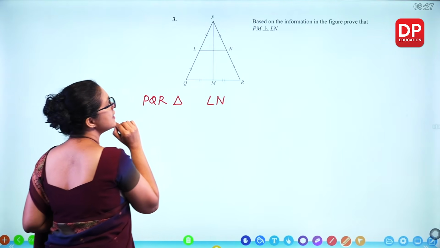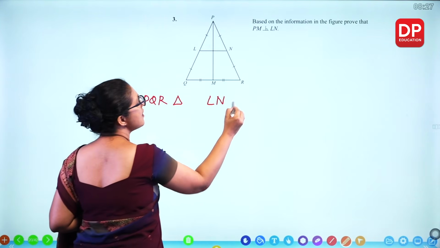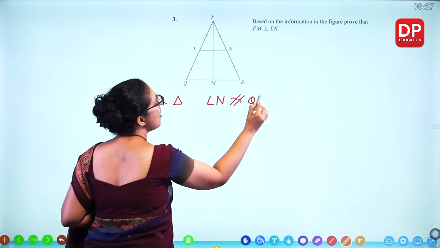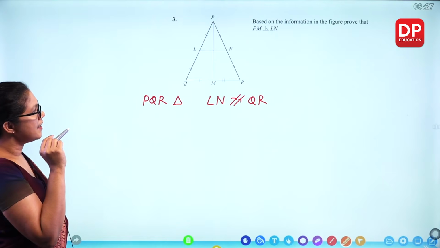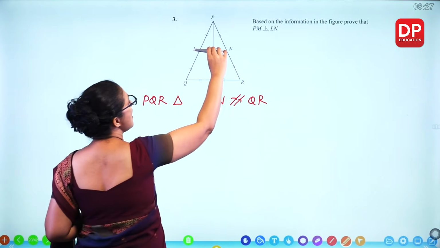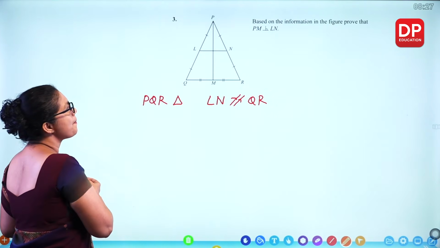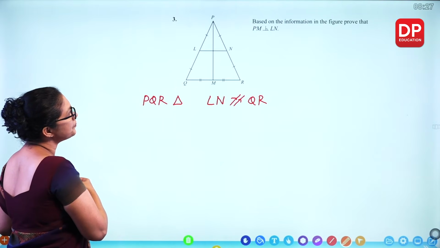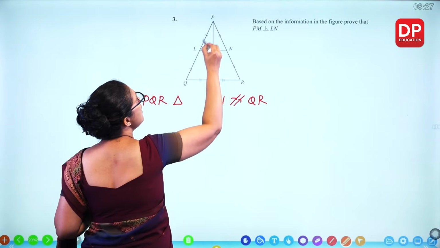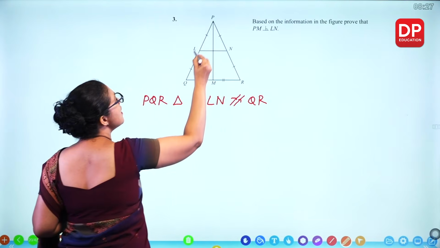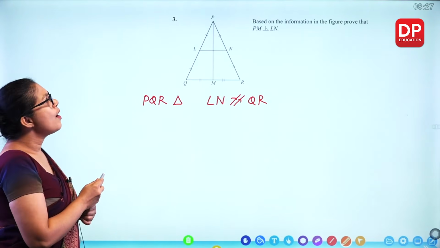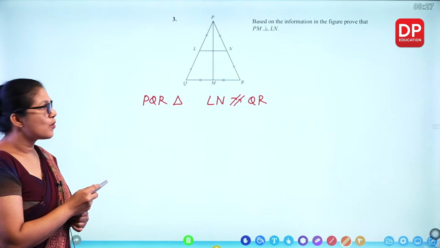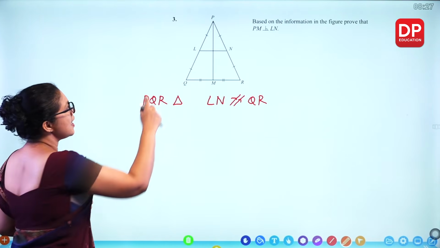LN is parallel to QR according to the midpoint theorem. These two lengths are parallel. And also, these all lengths are equal. Can you see? According to the figure, PQ and PR are both equal. So, same length given.